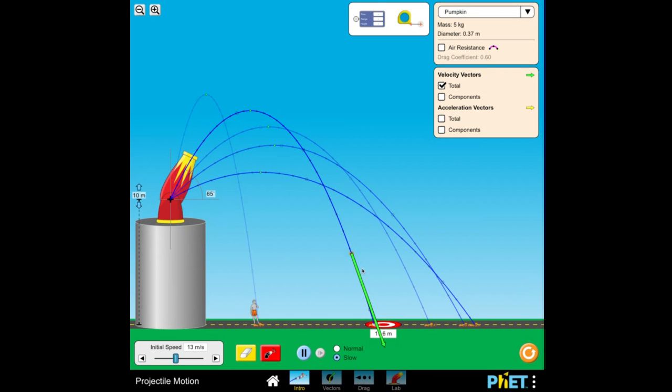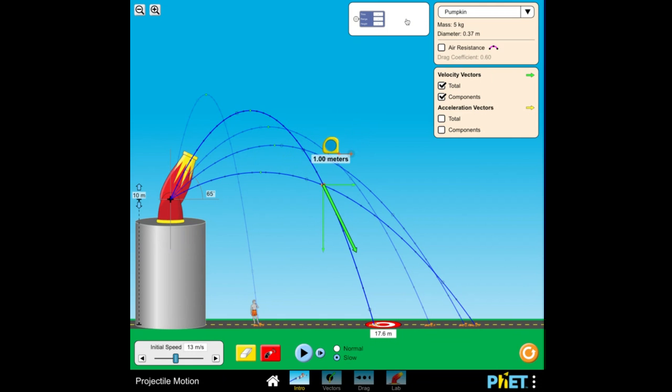I think the most interesting thing is looking at the components of the velocity vectors. If we look at those components, the y component is always changing, but look what happens to the x component. It's from here to here.